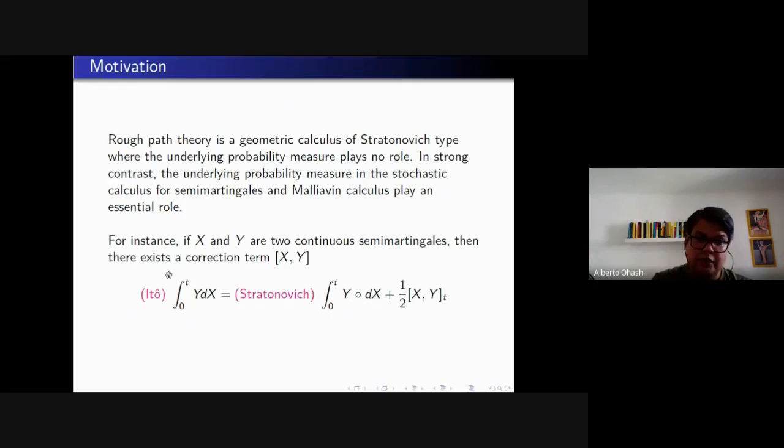Okay, so there is a connection between Ito and Stratonovich, and this is the correction formula between these two integrals.